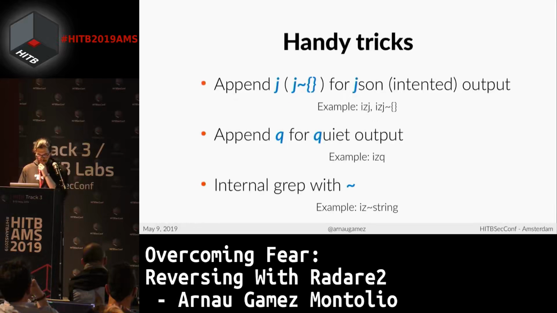Okay. Some handy tricks that I found quite useful and interesting when dealing with Radare2 is, for example, usually when we throw a command, if we append a J at the end, or J with curly brackets, it will give us the output in JSON format, either condensed or expanded. I will show you.